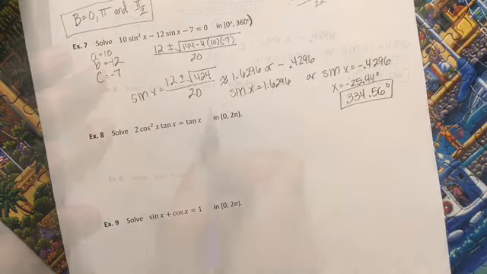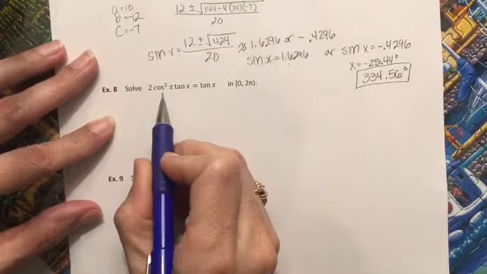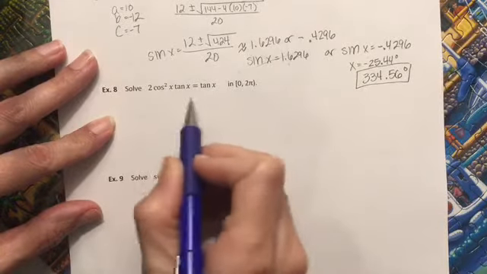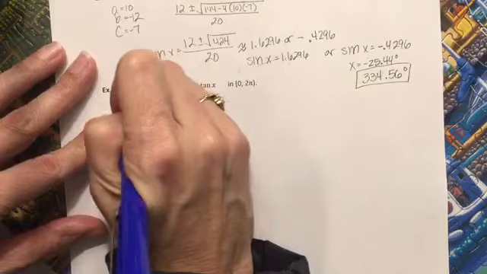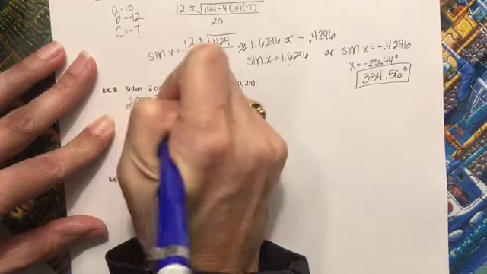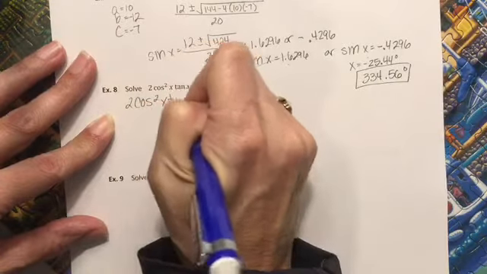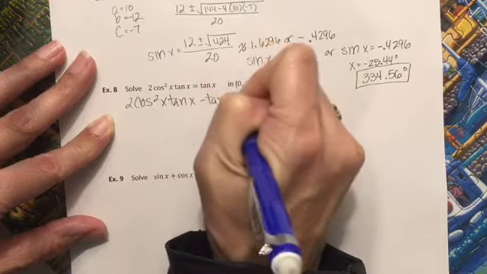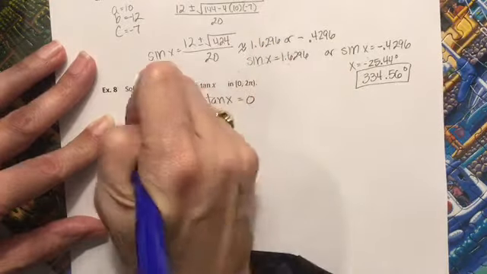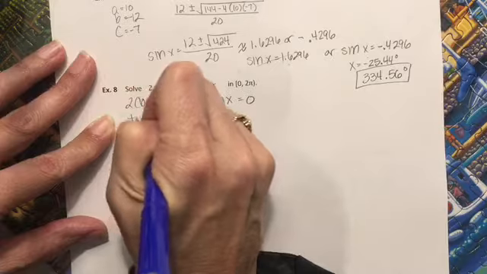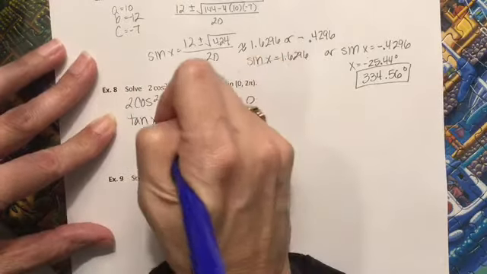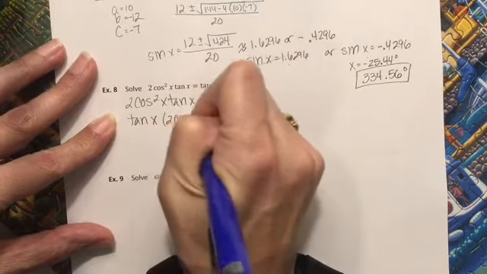Okay, example 8. Now, what we'll first do is get everybody to one side. So we'd end up with this, and then we're going to factor. And it looks like they both have a tangent of x. So we pull that out, and now we've got this.